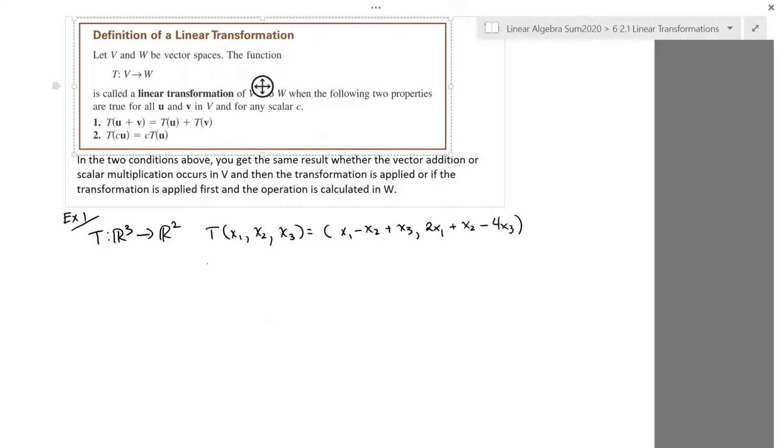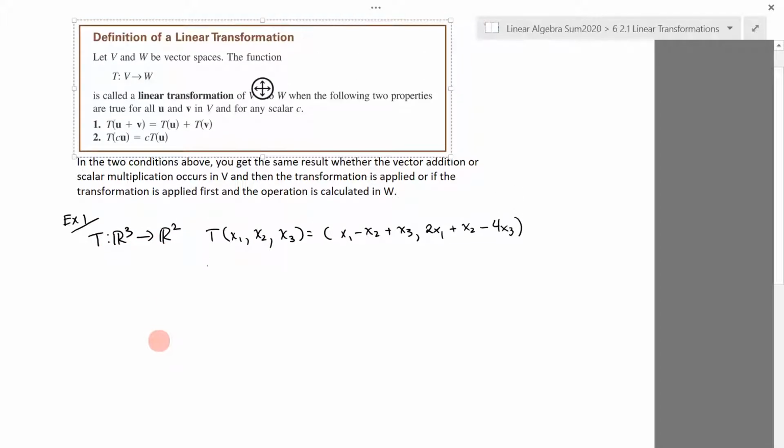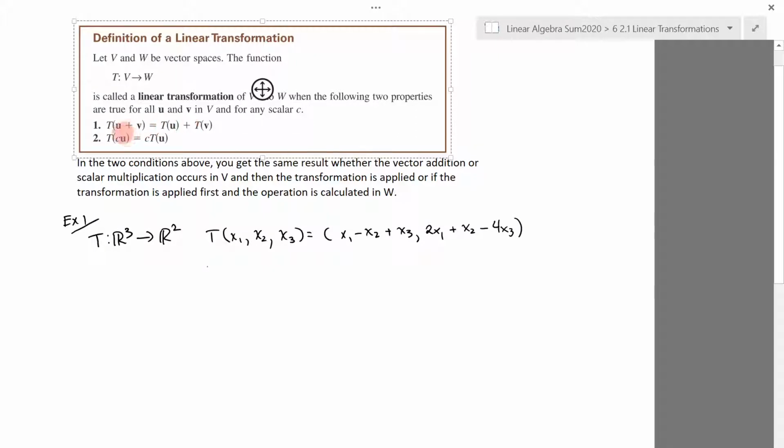Okay, so here we have an example of a function between two vector spaces, and we want to verify the two conditions to see that it is a linear transformation, right? So we have a function from R3 to R2.